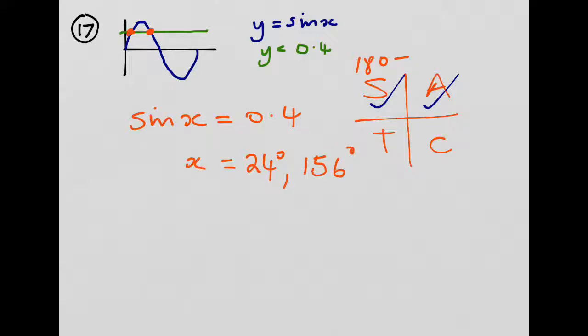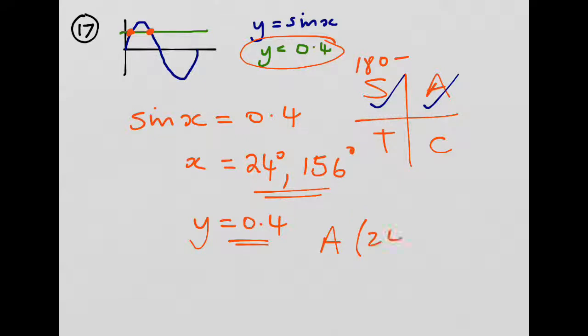Now the question wanted the coordinates, so as well as the x coordinates we needed to find the y coordinates, but we don't need to find those because the question tells us there's 0.4 already. Y is 0.4. So point A is 24 degrees, 0.4 up. Point B is 156 degrees and 0.4 up.